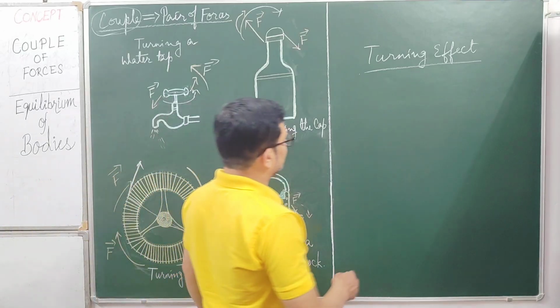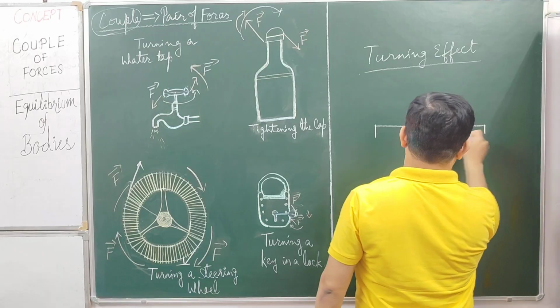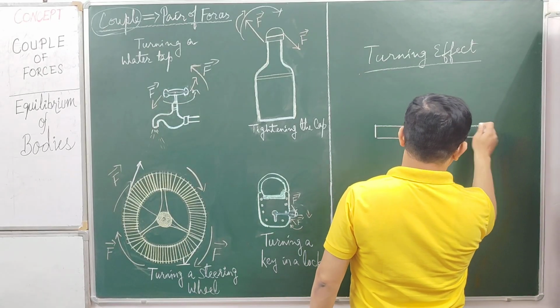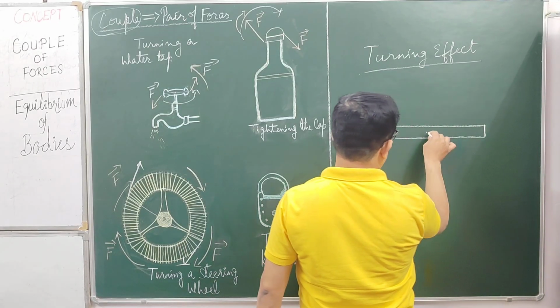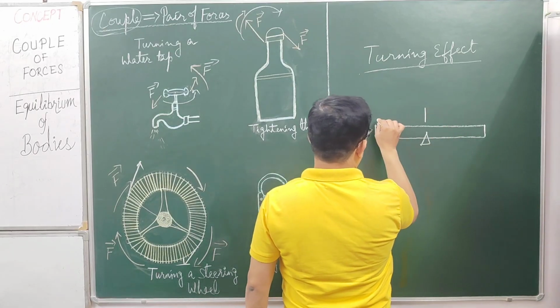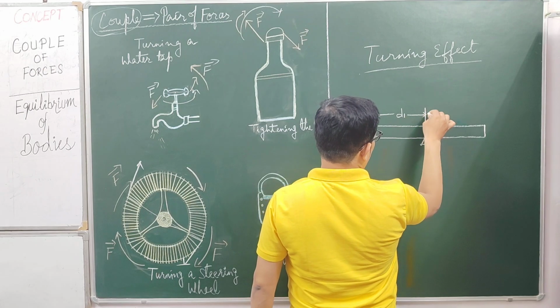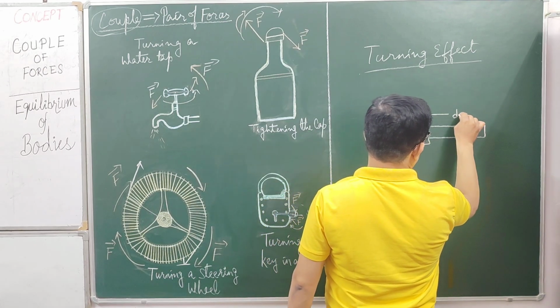Now let's understand quantitatively. Suppose we have a rod, and this rod is pivoted. The fulcrum of the rod is somewhere here, and the distances from either end are d1 and d2.